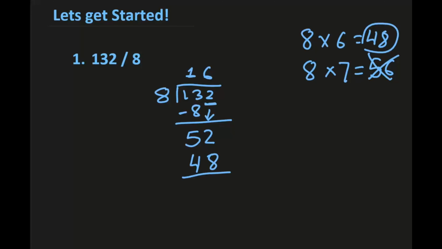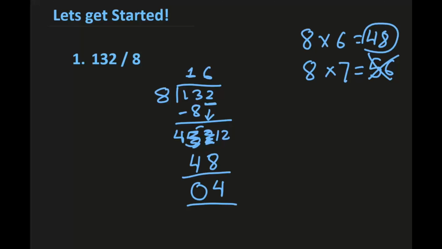Now we're simply going to subtract 52 minus 48. 2 minus 8 is not possible, so we're going to borrow 1 here, and this becomes 4, and then this becomes 12. 12 minus 8 is 4, and then we have 4 minus 4, which is 0. So our remainder is 4.